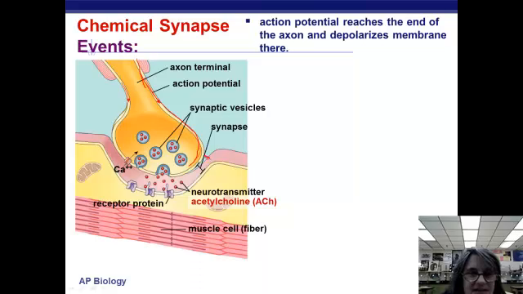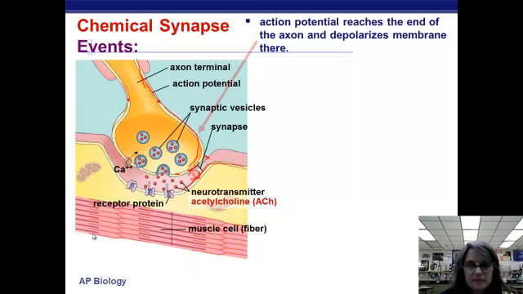This space between this and that, that's the synapse. Now, when the nerve impulse reaches the end of the axon, of course, it is going to depolarize down here just as it depolarized all along on the way.